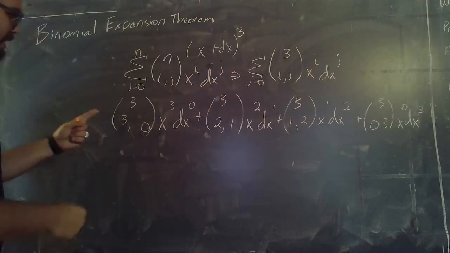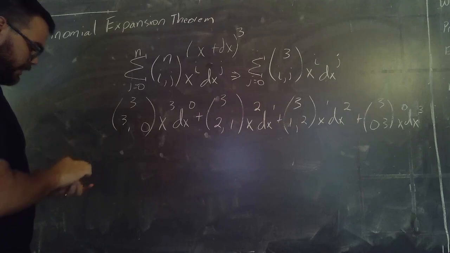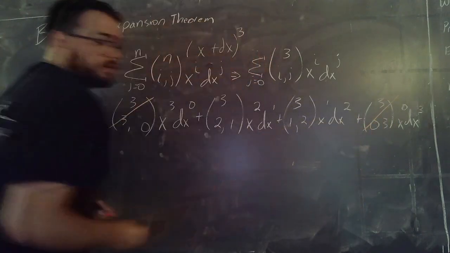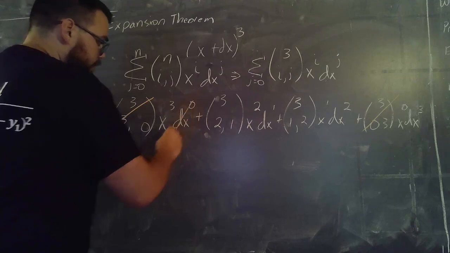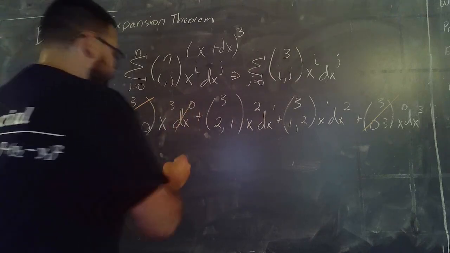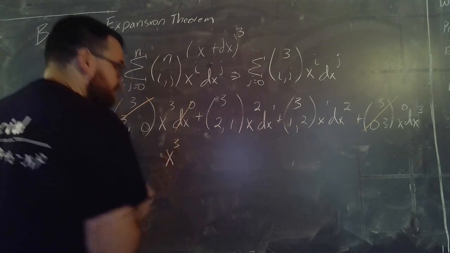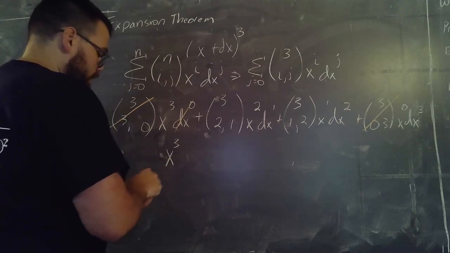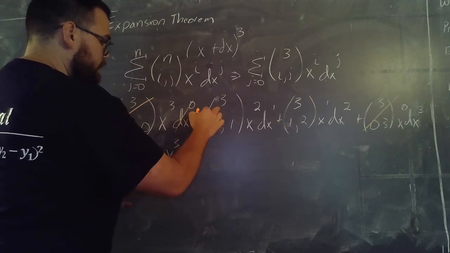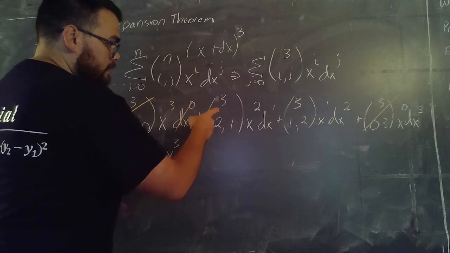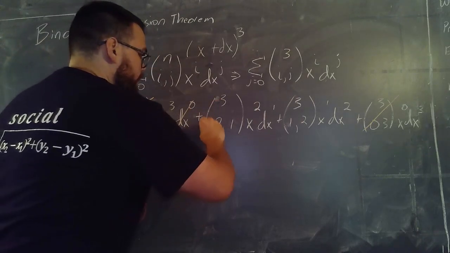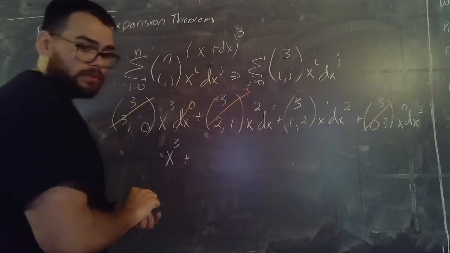So again, this right here is going to be 1. And so this one over here is going to be 1. To the 0th power, we're going to write down x to the 3rd. This one right here, since this is 1 less than n, it is just going to be n, so that's a 3.